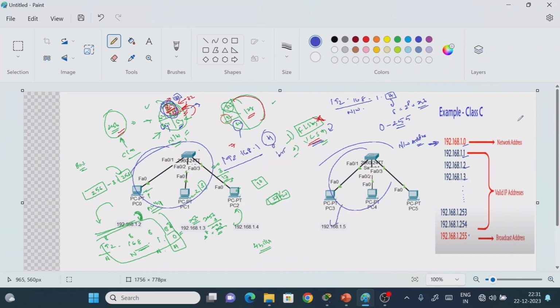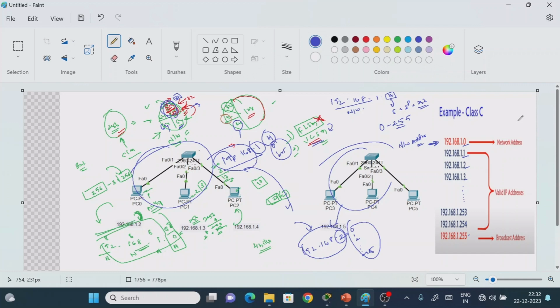Let this other network be 192.168.2. This is network one, this is network two. It means that this is a different network, and this is a different network. Again here also we will get hosts from 0 to 255. Here also we have 0 to 255, but this is a different network, and this is also a different network.